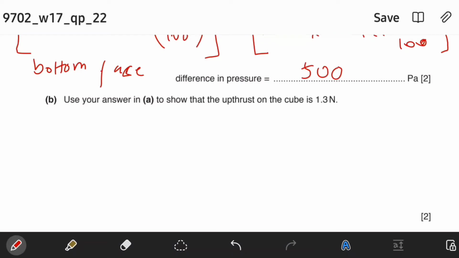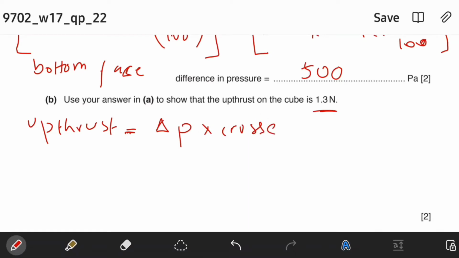Use your answer in A to show that the upthrust on the cube is 1.3 newtons. So upthrust is given by change in pressure into cross-sectional area.